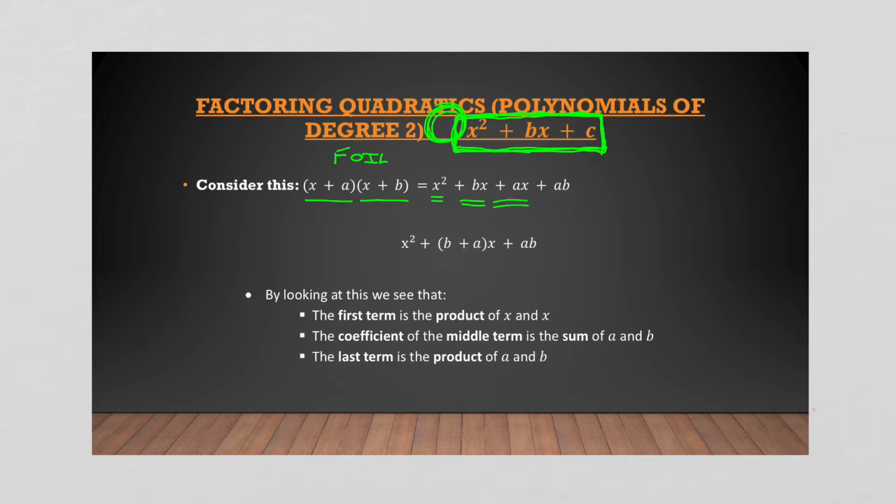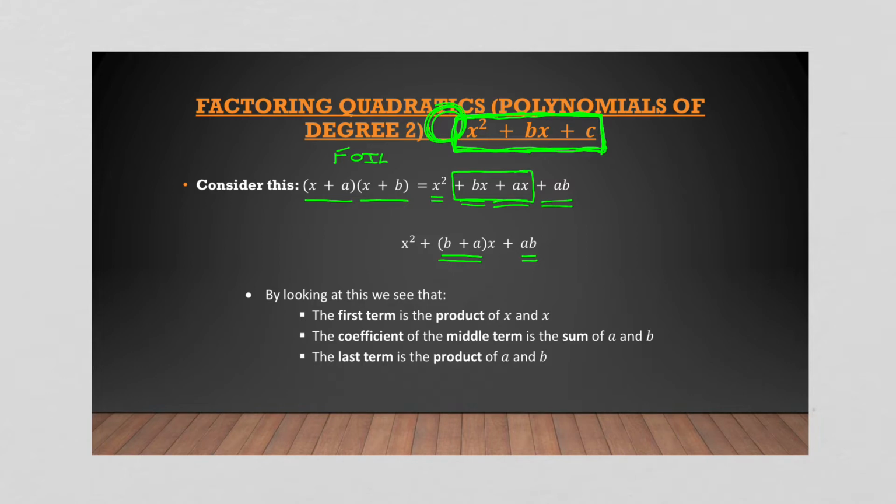And then a times x, which is your inside. And then a times b, right? Now, if you just look at our inside terms that we grouped together, if you factor out the x, you end up with b plus a. So what that means is your middle term is b plus a, and your last term is b times a.